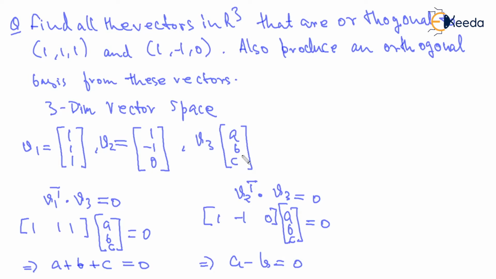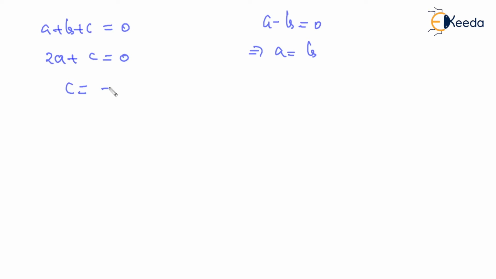So for V3 to be orthogonal to V2, we need A minus B equal to 0, and for V3 to be orthogonal to V1, we need A plus B plus C to be 0. These are the two conditions to be satisfied. A minus B equals 0 gives A equals B, and substituting into A plus B plus C equals 0, we get 2A plus C equals 0. Therefore C equals minus 2A.